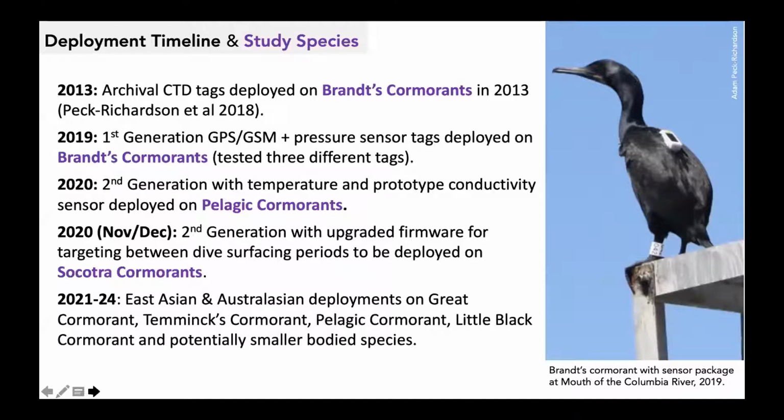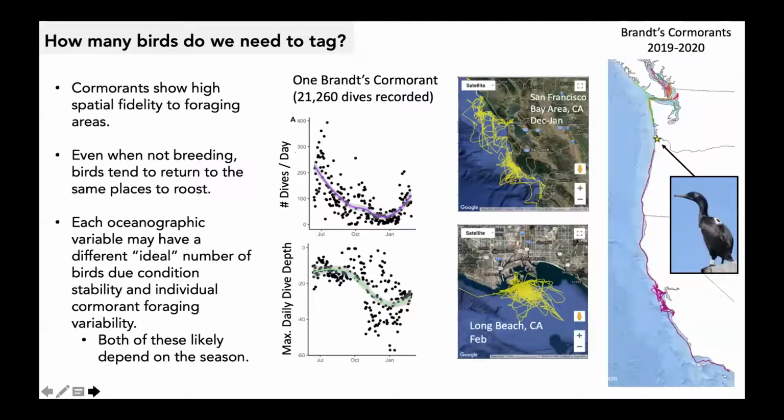One really important question to consider is how many birds we need to tag. We think about this quite a lot in terms of the ecological context and what questions we're asking when we want to deploy biologging devices. There's a little more complexity when we're characterizing the environmental conditions in a region, and how much data we really need to inform models.